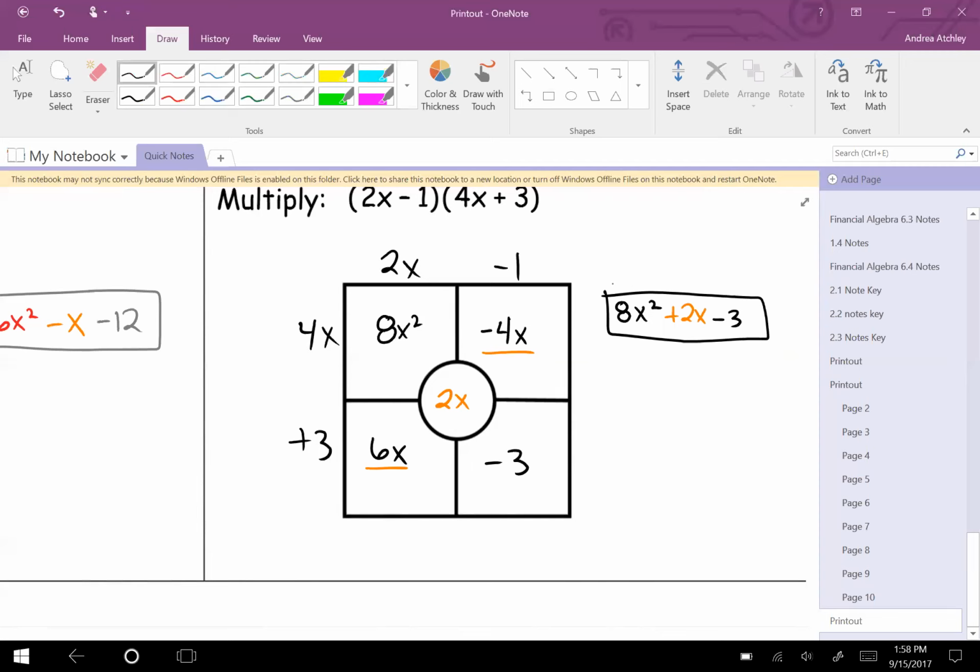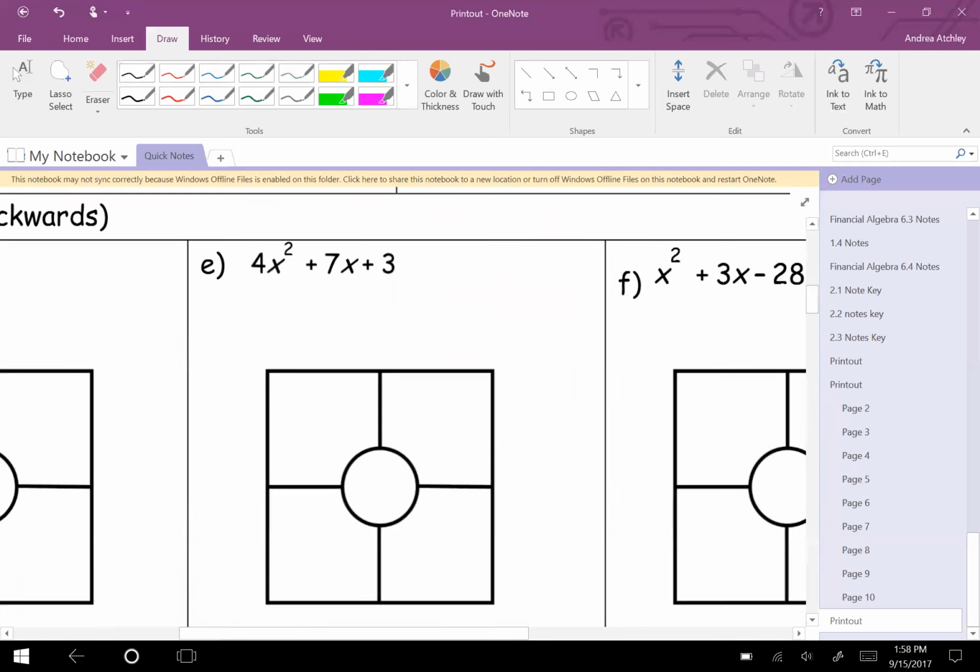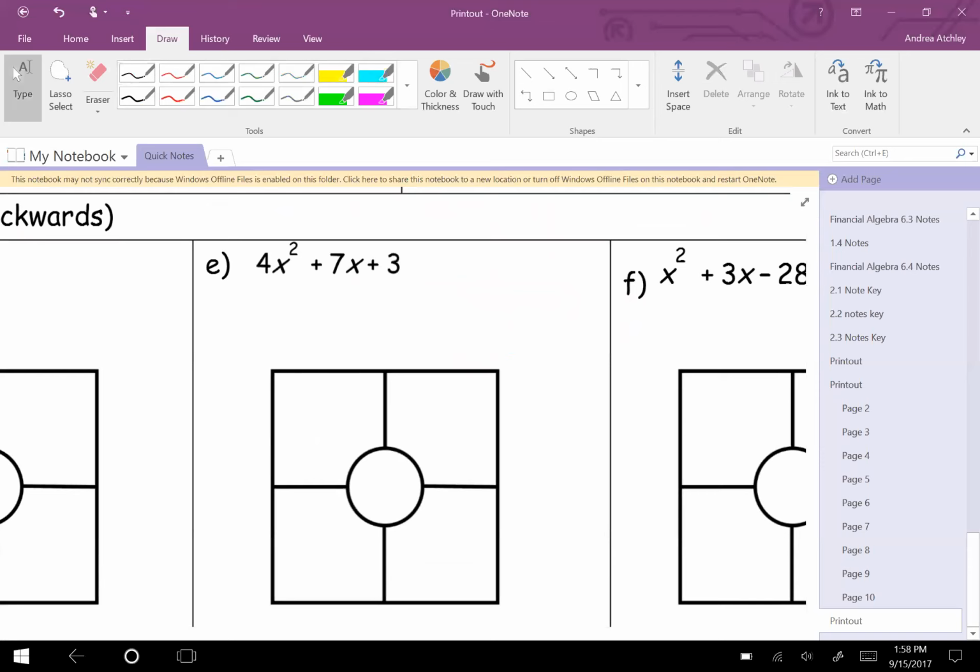Any questions? Okay. So we're going to go on and now we're going to factor. Now, you guys have a blank page in your notes that I want you to use right now. It's just on the other side. Flip it over, because I'm going to have you write down a lot of things to help you remember all the tricks of factoring, and I want to have lots of room to do it.